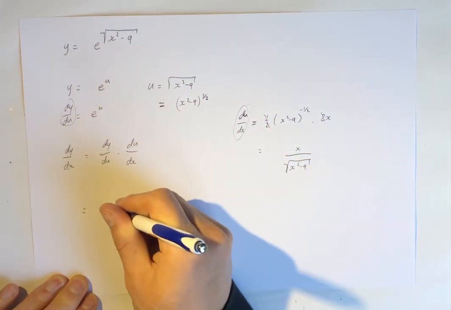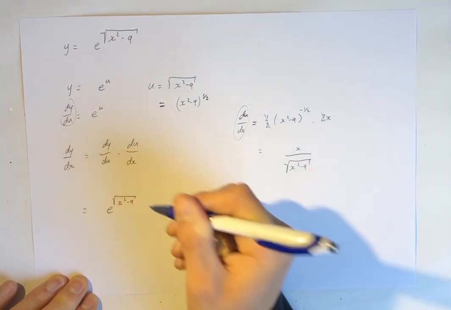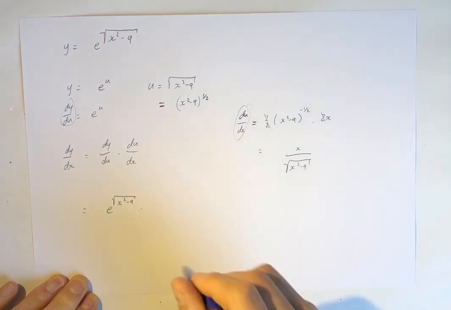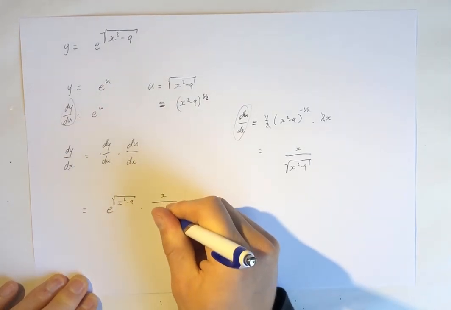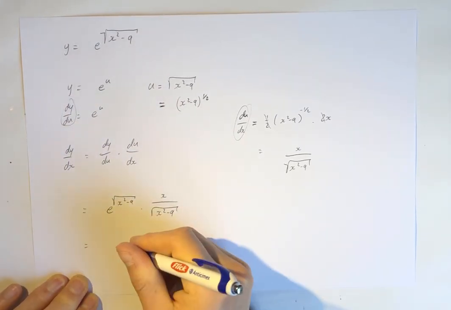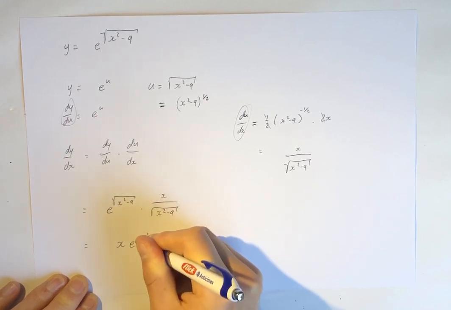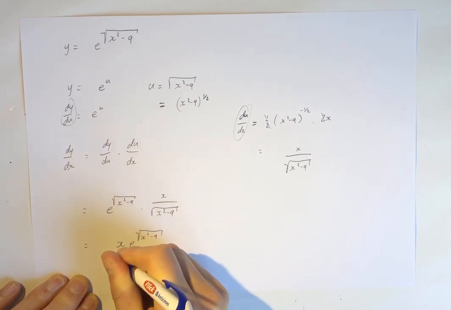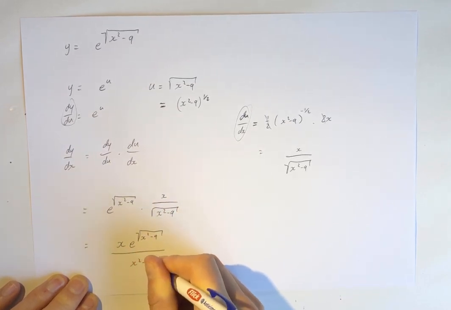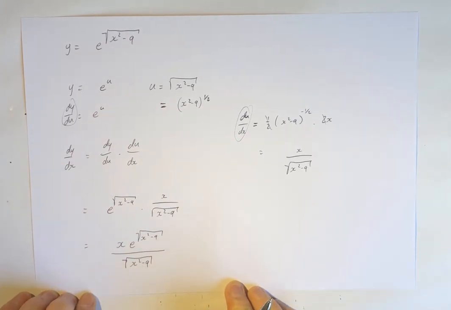So this is dy du, e to the u, times by du dx. Great, and I'm just going to simplify this, so that's x times this thing, square rooted, all over, all square rooted, just like that. That is our derivative of this thing.